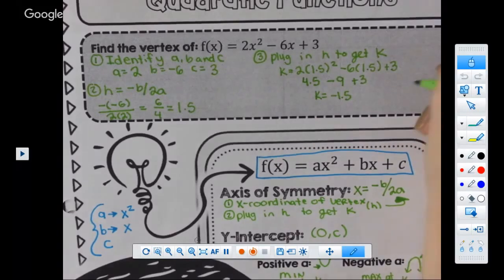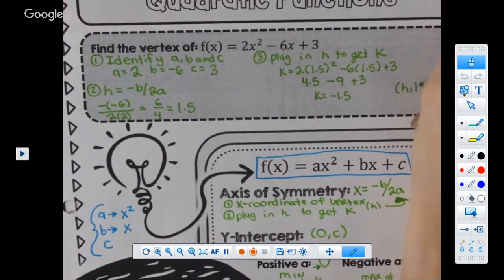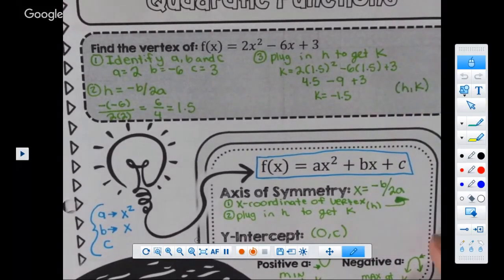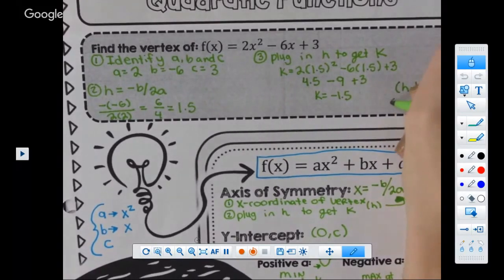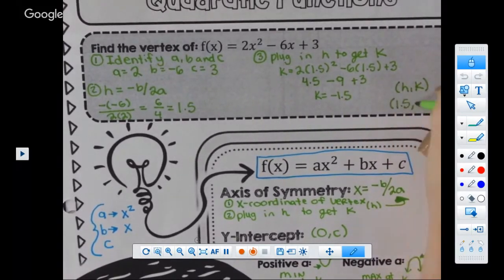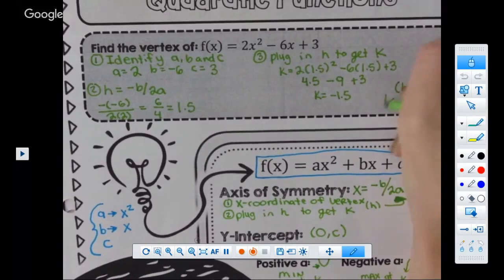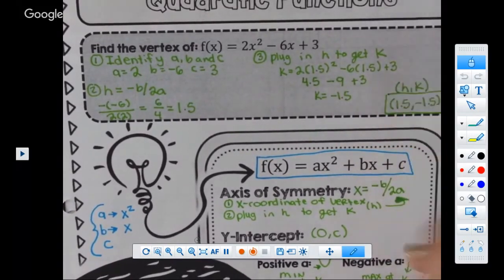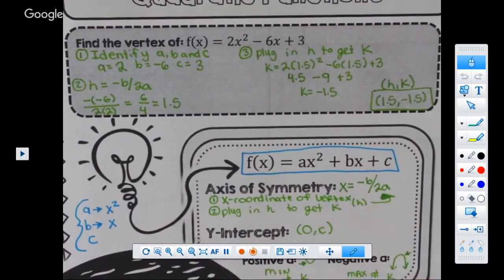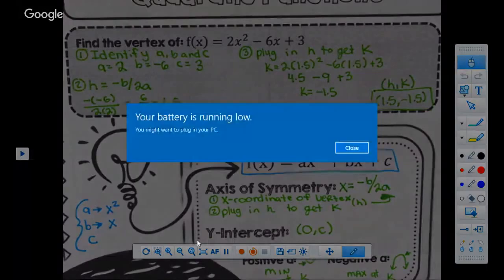How do I write my final answer? Right at the point, h comma k. What we're going to do is write 1.5, negative 1.5. Okay, h comma k, 1.5 comma negative 1.5.